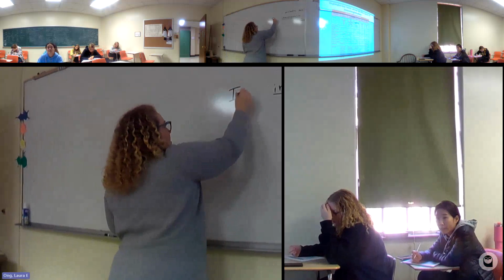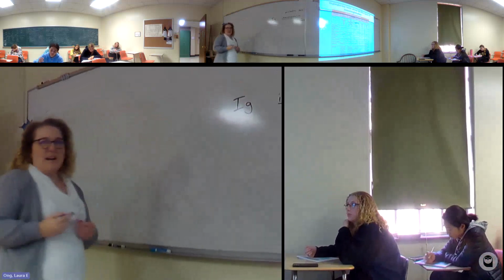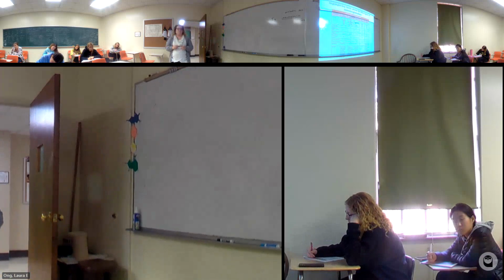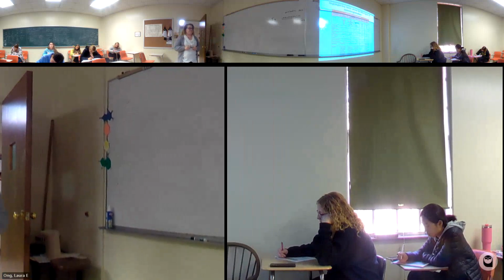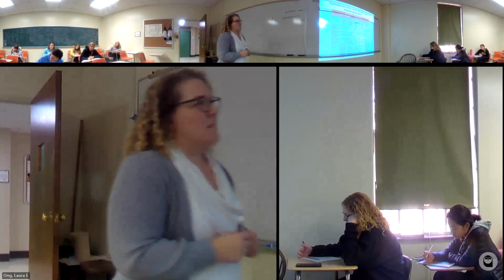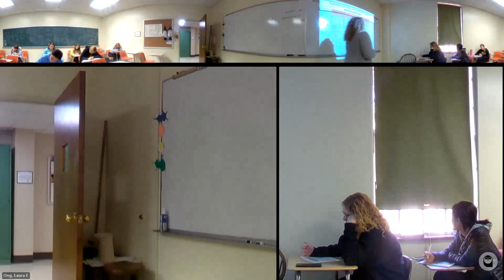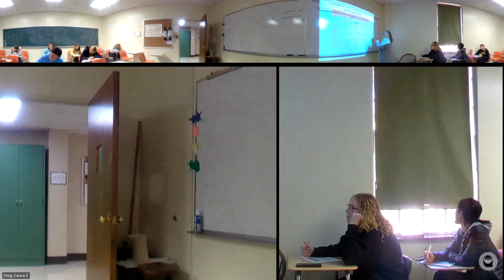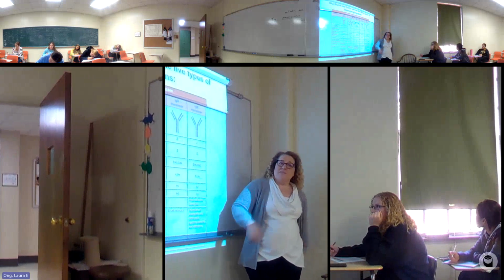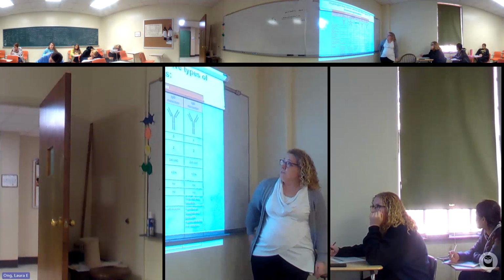And immunoglobulins get this abbreviation, big I, little g, or Ig. Immunoglobulin. Humans make 5 different kinds of antibodies, or 5 different kinds of immunoglobulins.